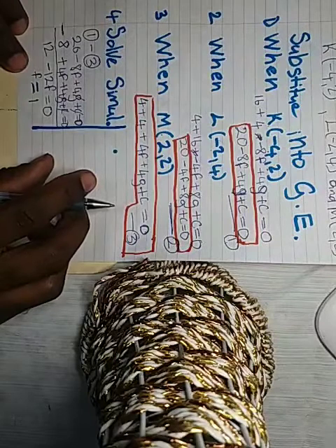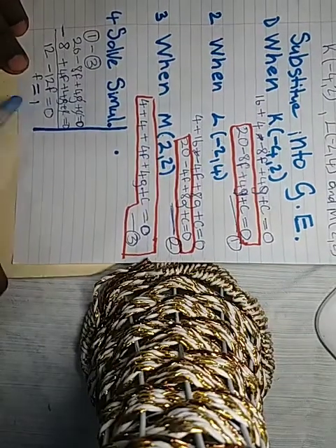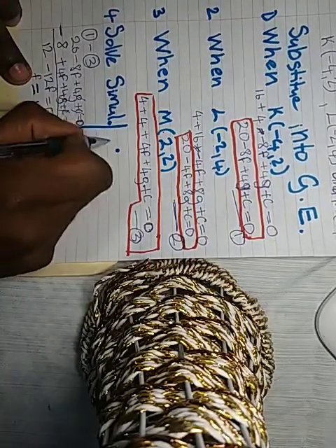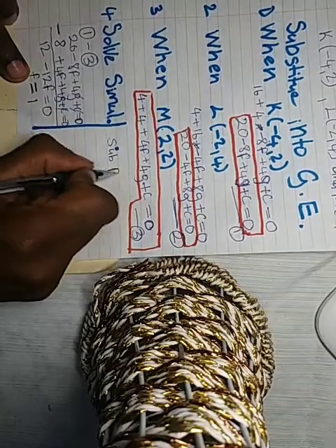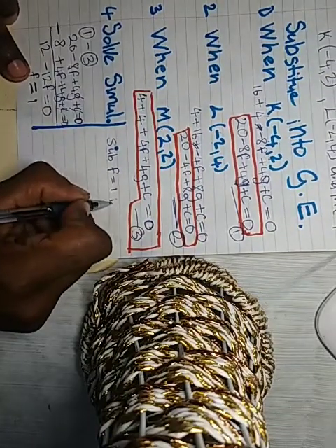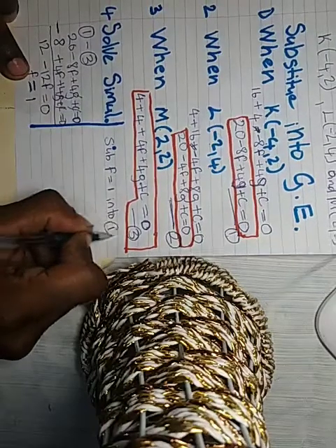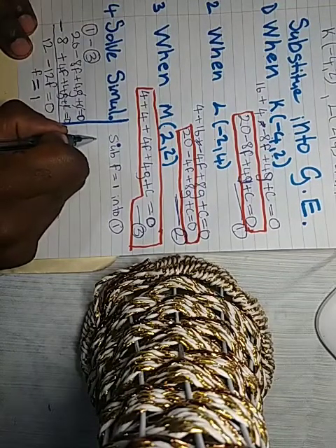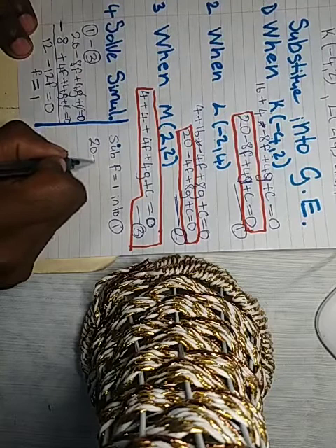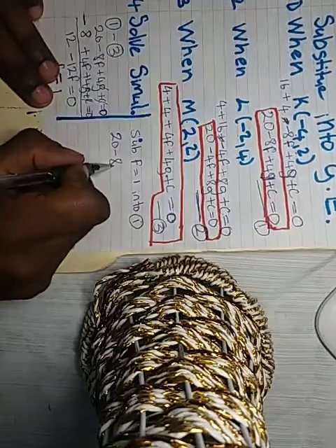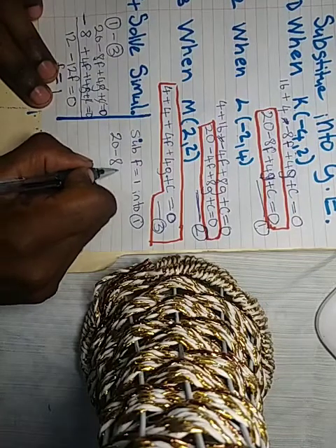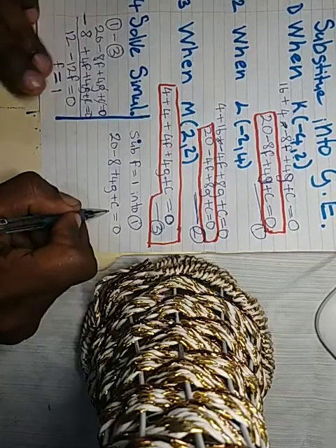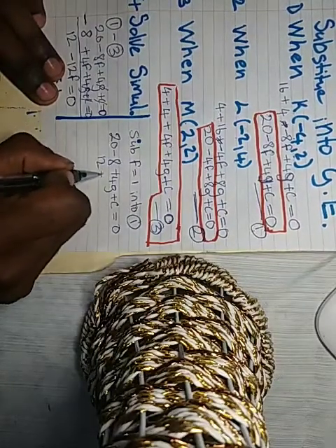So now we are going to do some substitution. We are going to substitute f into equation 1 and equation 2. All right. So we substitute f equal to 1 into equation 1. So this now would be 20 minus 8 times 1, 8 times 1 is just 8, plus 4g plus c is equal to 0.